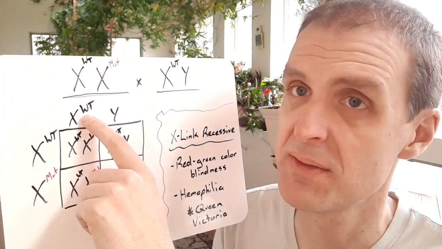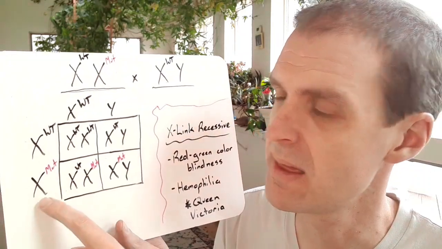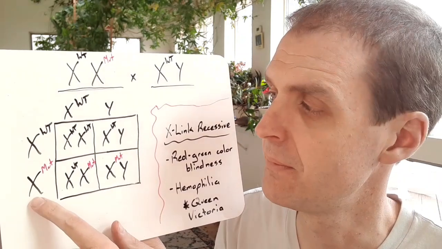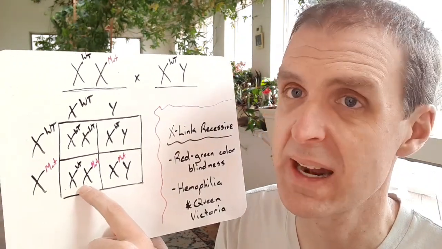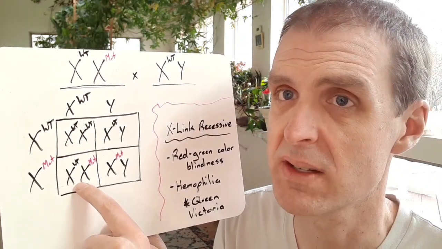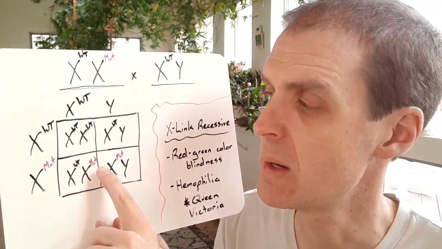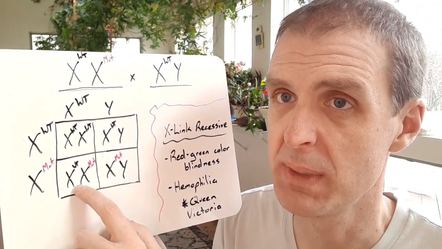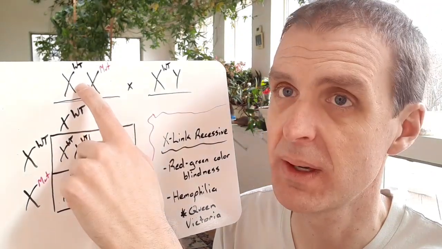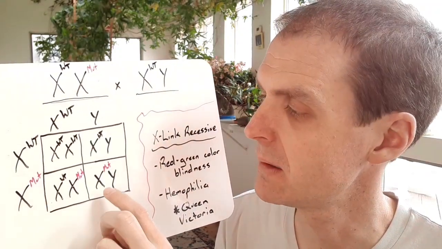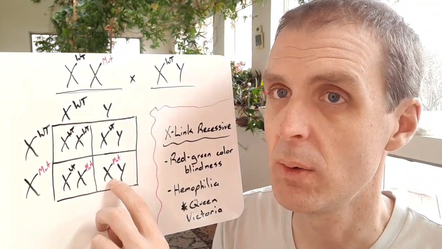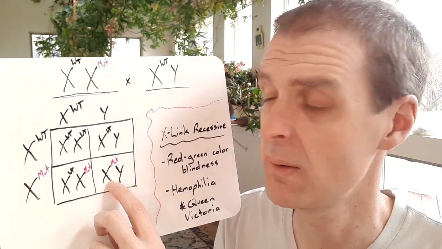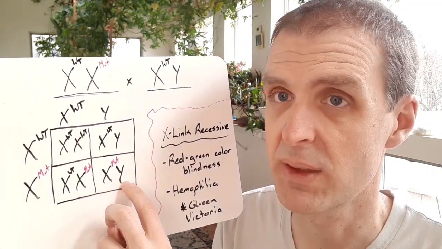The father gives a wild type X chromosome, and the mother 50% of the time will pass on the mutated form of that gene. And so we've got a heterozygous for the 2 X chromosomes. One is wild type and one is a mutant. And so that female would be called a carrier, just like the mother before it. And then we've got the X chromosome with the mutated version, and then you've got the Y chromosome.